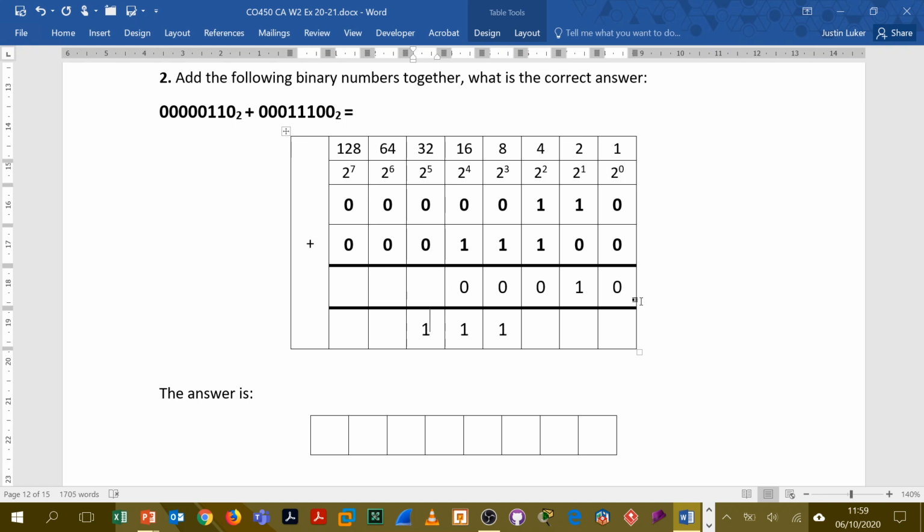And 0 and 0 plus the 1 is 1, and the rest is zeros. There we go. So our binary number is 0, 1, 0, 0, 0. Oops. 1, 0, 0.